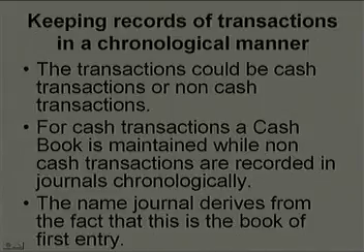Now, what we do, we classify transactions into 2 types here. One we call cash transactions, another we call non-cash transactions. We are distinguishing it here because both get different treatment by accountants. Even the place of their recording changes.